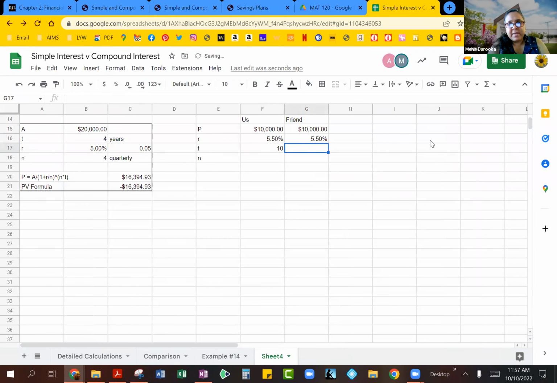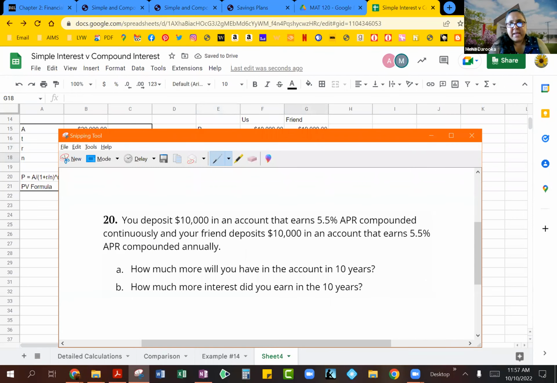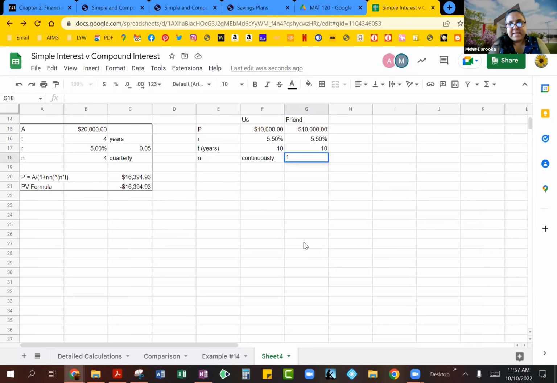So this is time in years. And for us, this was compounded continuously, so of course we're not going to have any value in there. And for the friend, they told us it was compounded annually, so that means their compounding period is going to be 1.